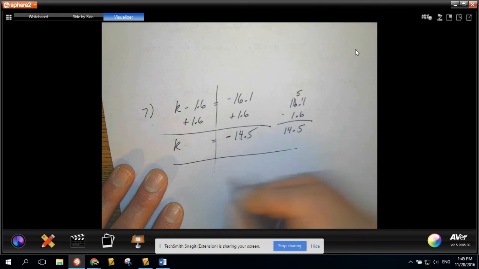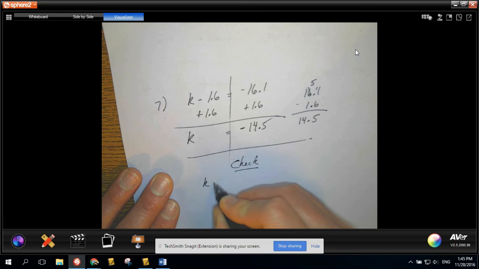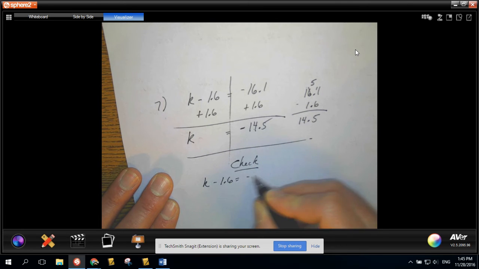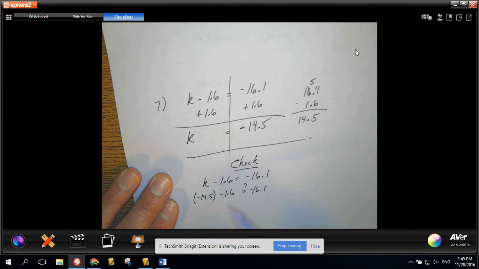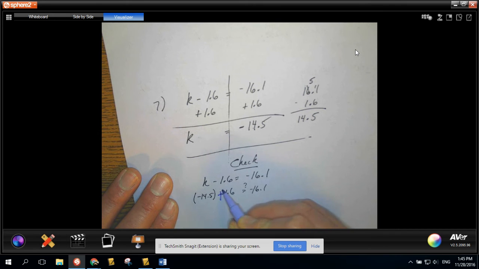Okay, for my check, we do our equation, substitute our answer. And then when we're subtracting a number here, we can use our shortcut, the same change: subtracting 1.6 is the same as adding a negative 1.6.